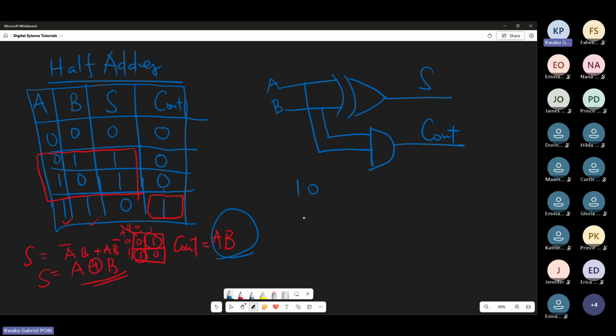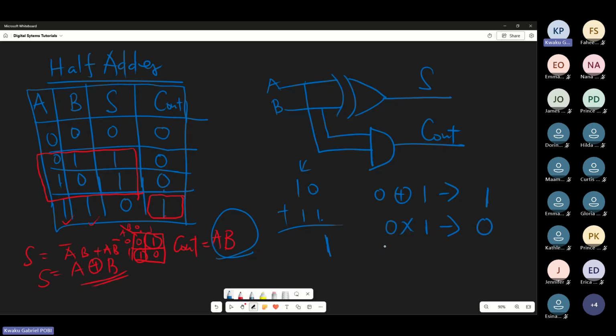So let's say you are adding this to this. 0 plus 1. The sum says XOR them. So do 0 XOR 1. 0 XOR 1 gives us what? 1, right? So the sum is 1. Now, what will be the carry? The carry says multiply the 2, 0 times 1, which gives us a 0, since the carry is 0 basically.